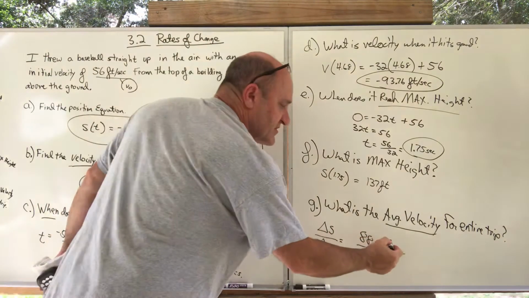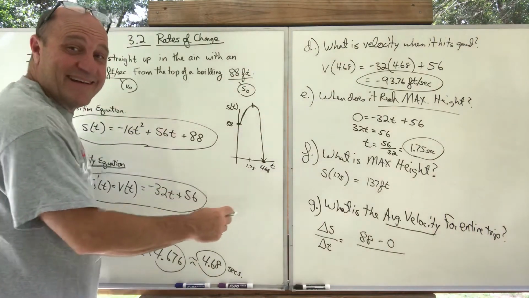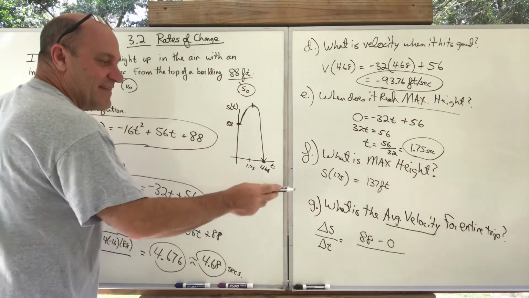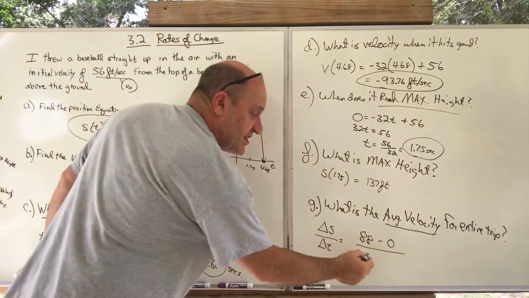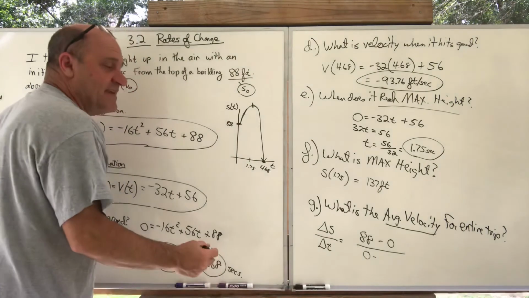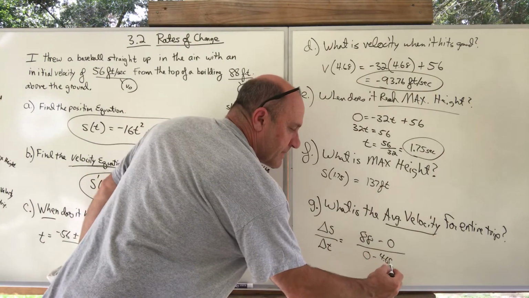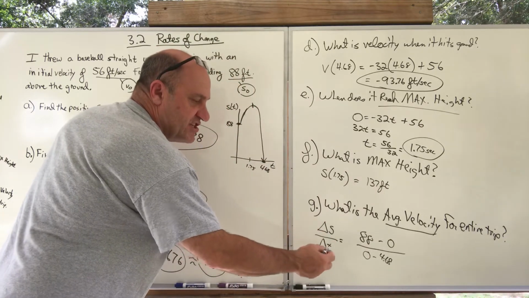The ending height was 0. So I know it went up and down, but that was its starting height, that was its ending height. What was the starting time? The starting time was 0. And what was the ending time? 4.68 seconds. So that was my change in distance and change in time.